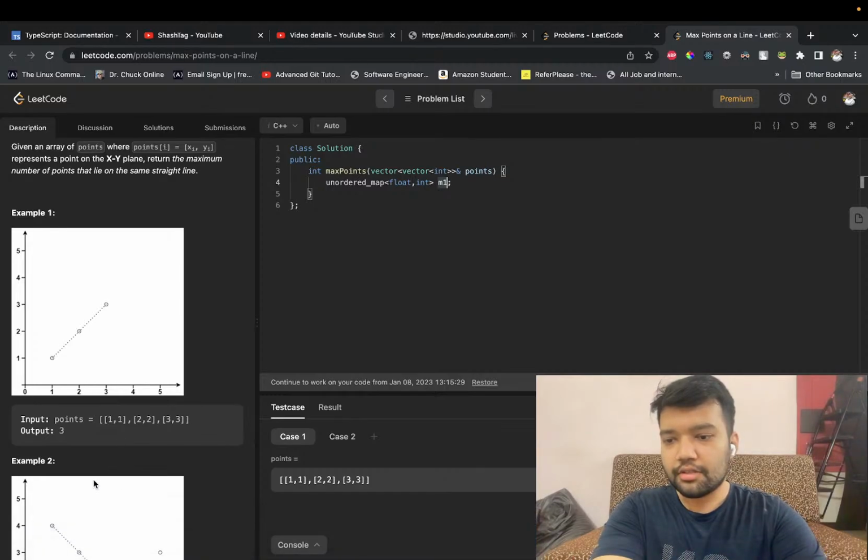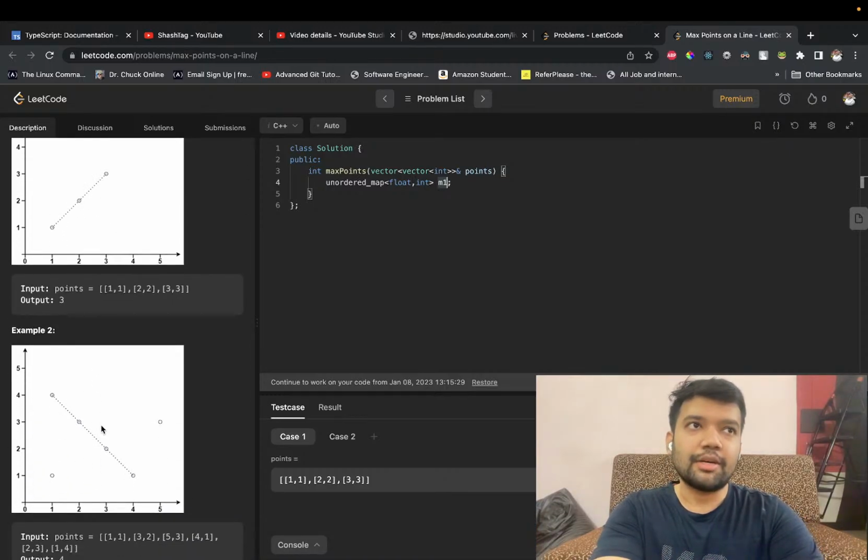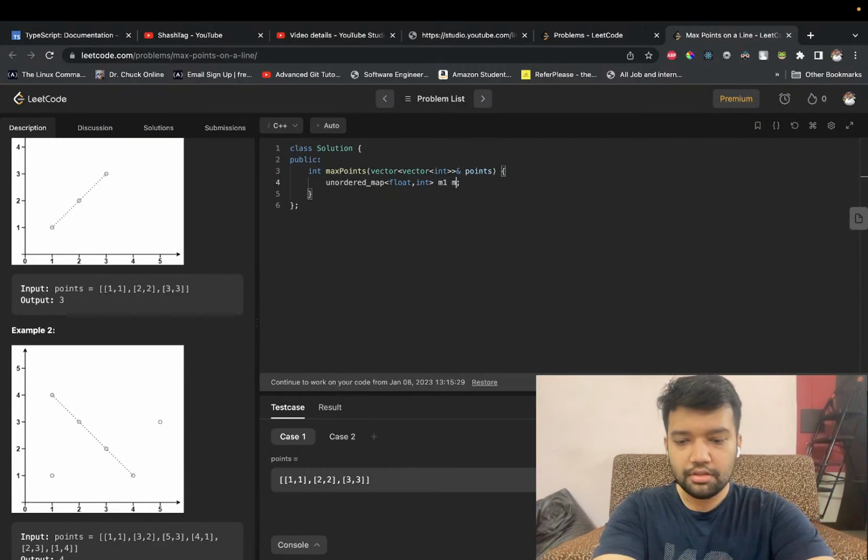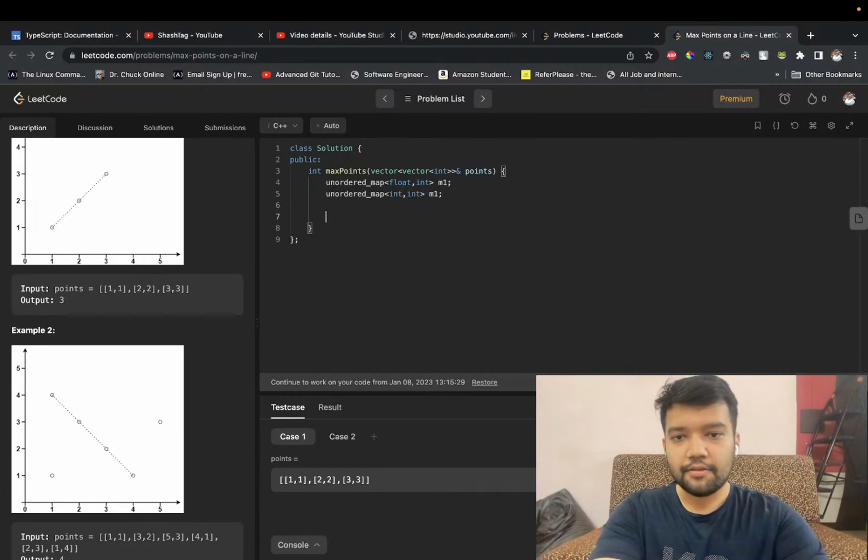And for this we will have to create another map, m2, that could be int and int also. Okay, cool.